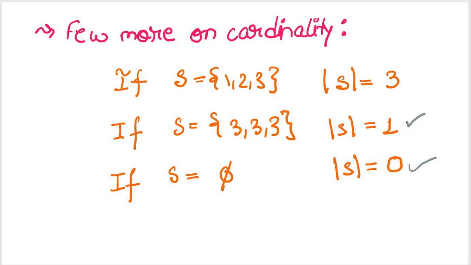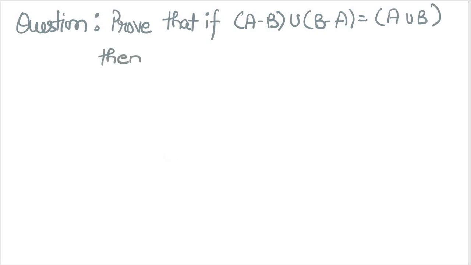Now let's take another question this time. So let's prove that if (A minus B) union (B minus A) is equals to A union B, then A intersection B is equals to phi.